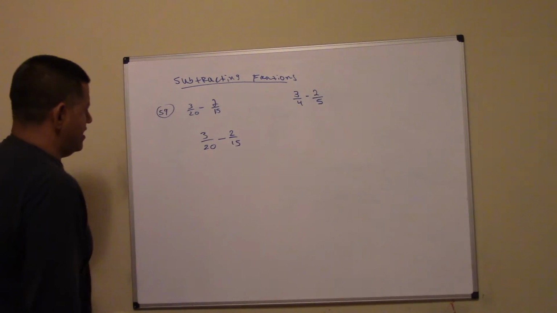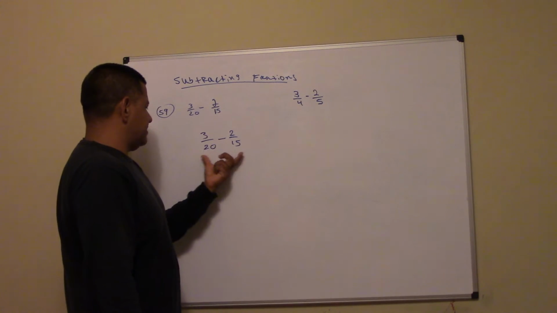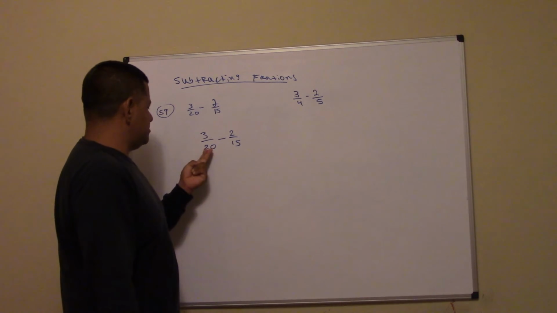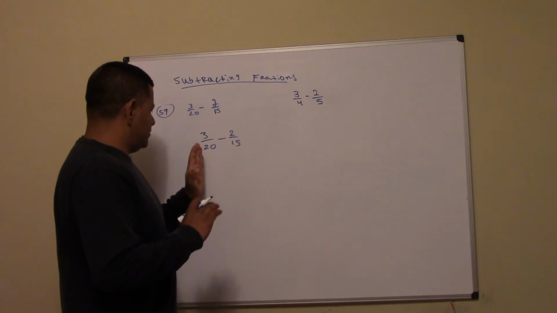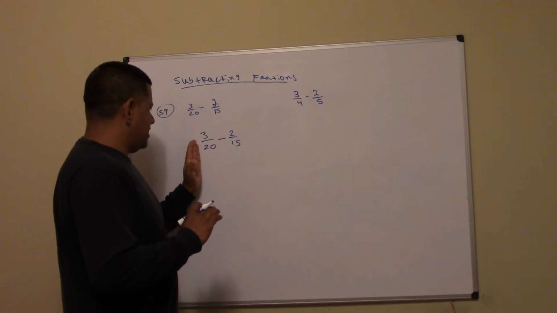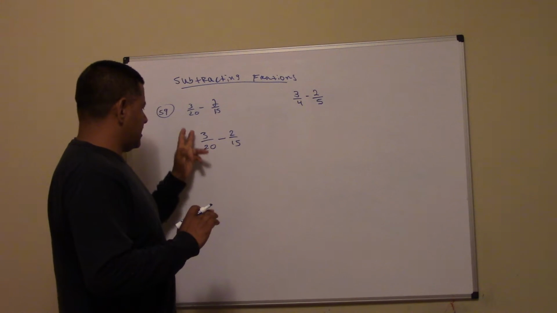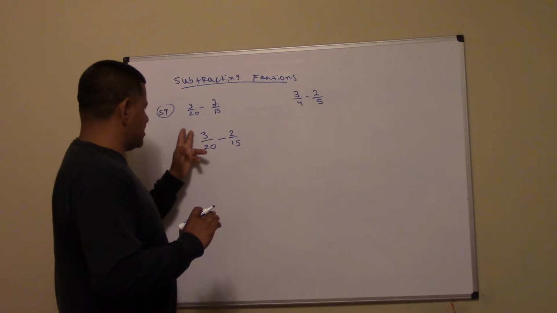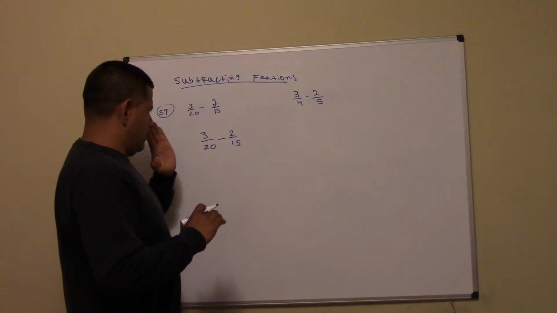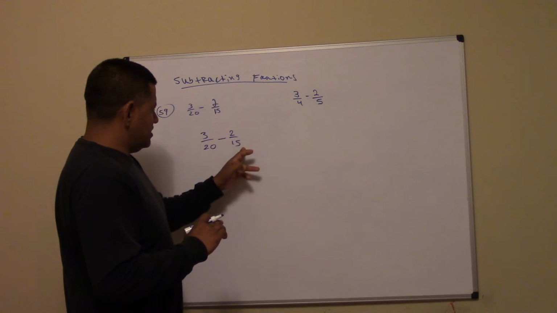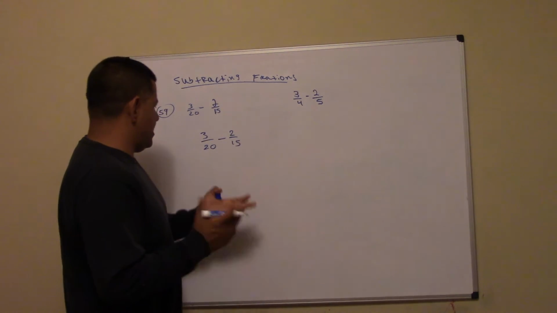I will say, okay, what are the multiples? What number will we multiply in this fraction to get a certain number equal with this fraction? So I have to think about it.